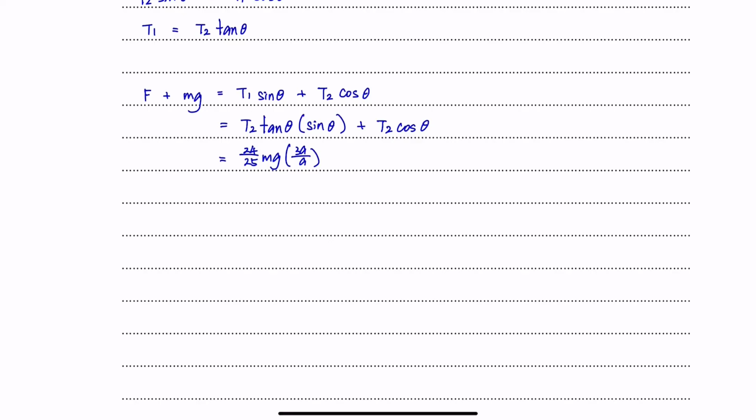So T2 times tangent theta would be 4 over 3 times sine theta would be 4 over 5 plus the same thing, T2 is 24 over 25 mg times 3a over a. Cos theta would be 3 over 5. So F would be 19 over 5 mg.